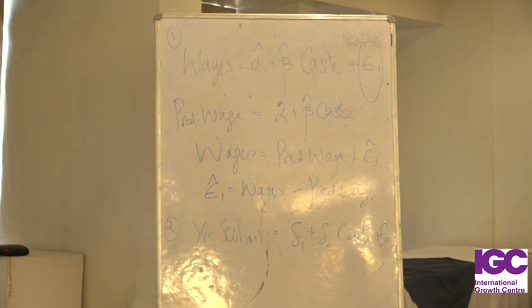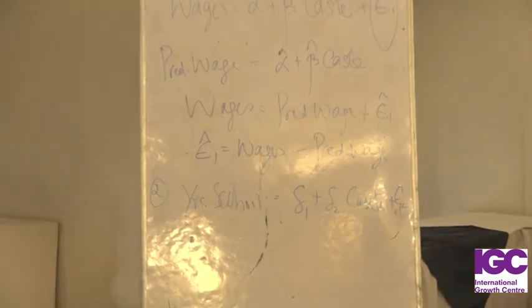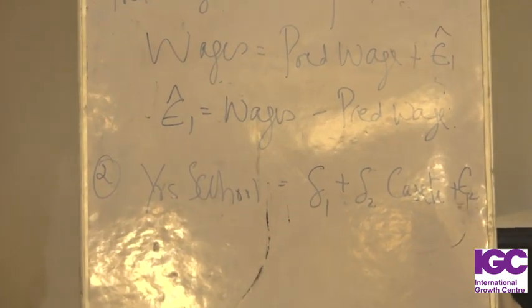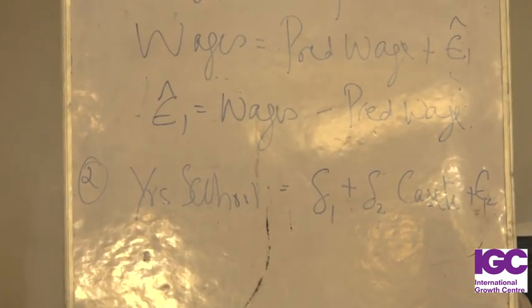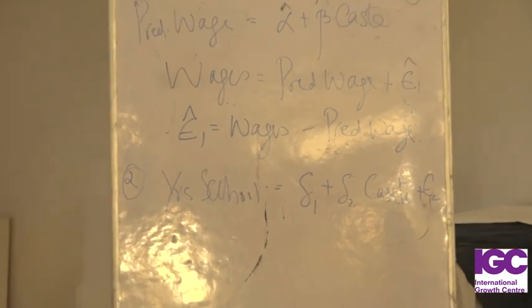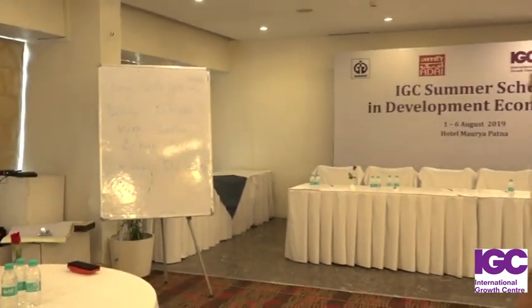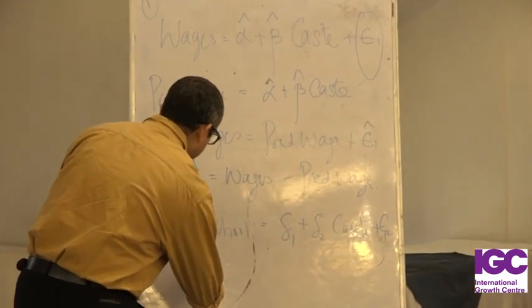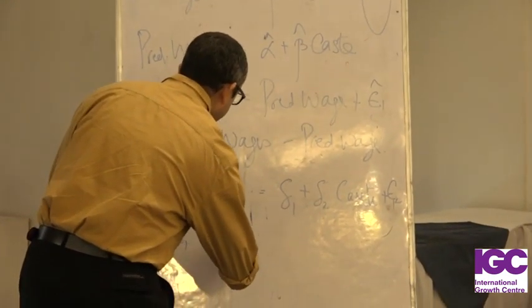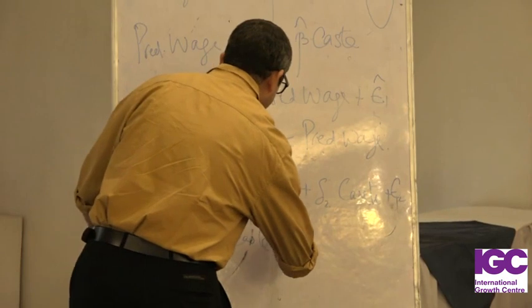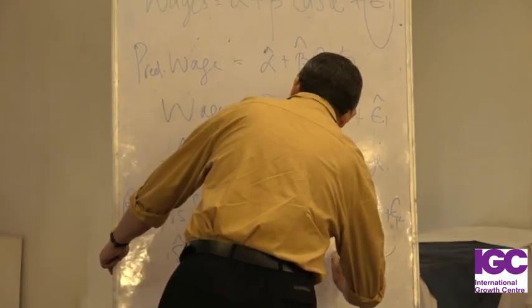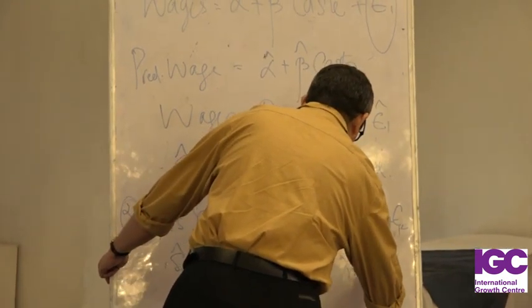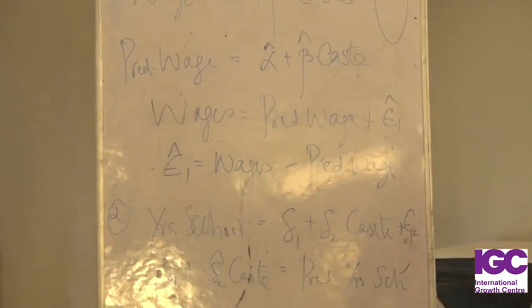Now, you have a particular caste, I want to predict what your years of schooling is. Okay. You give me a caste, you give me years of schooling, I can write down a prediction model, right. So delta 1 hat plus delta 2 hat times caste is the predicted years of schooling, right.